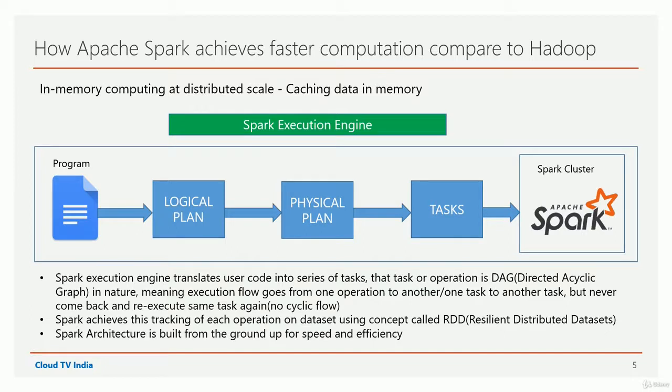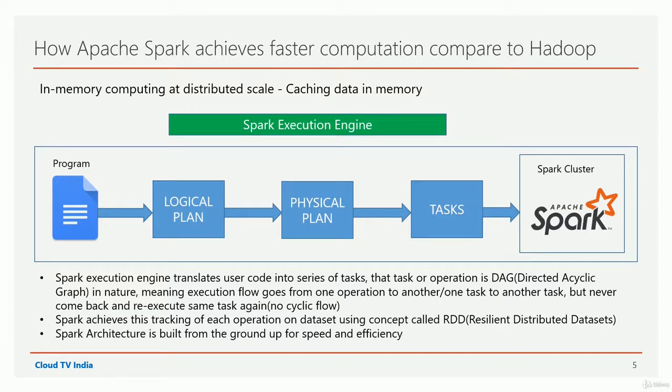So it uses a series of task executions. It will prepare a program into a logical plan, then a physical plan, then generate the tasks. In the logical and physical plan, it does the maximum optimization on how it can execute your tasks in an efficient way. So a set of tasks will be generated, and those tasks will be run on the Spark cluster.